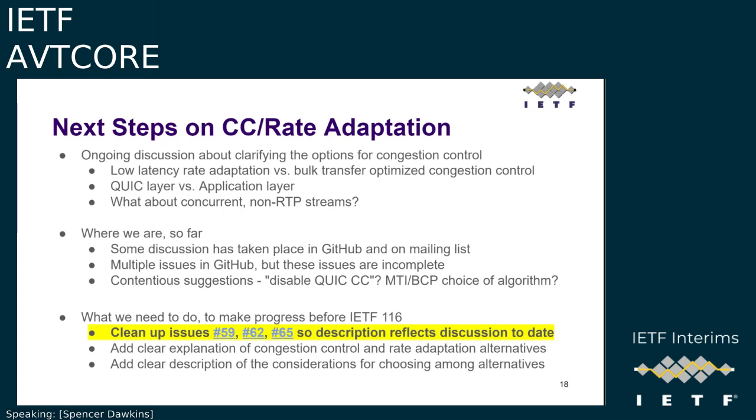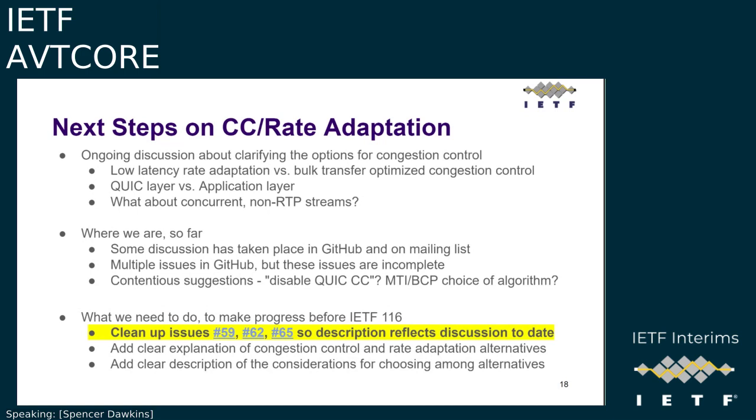So if we could not run this over BBR that is going to do bandwidth probing and then lose packets as it's figuring that out, that would be great.